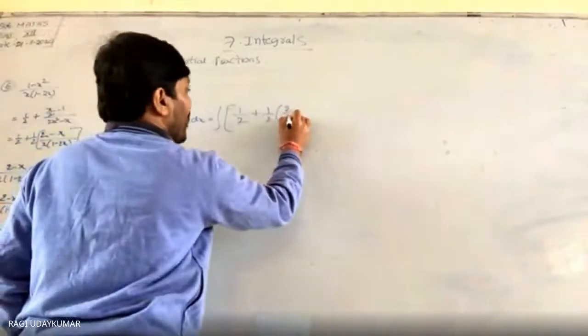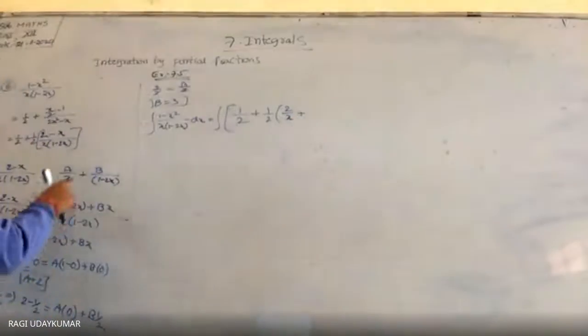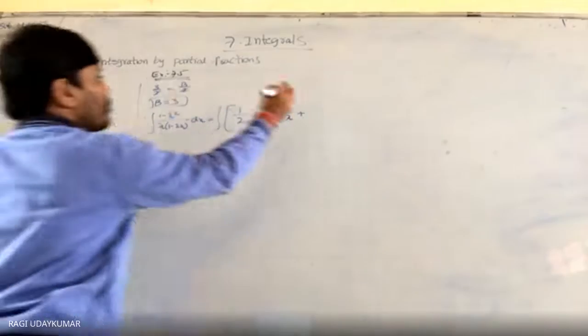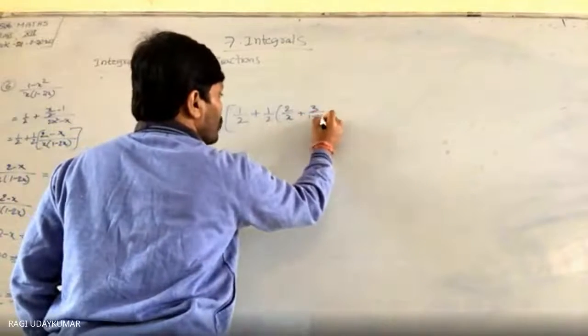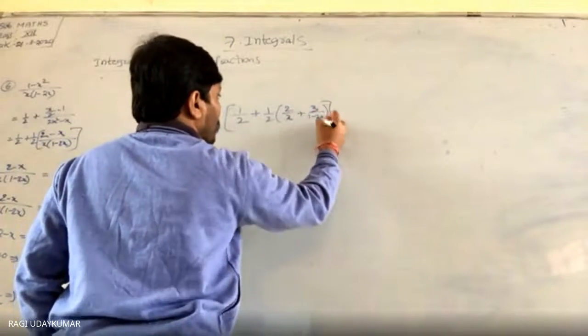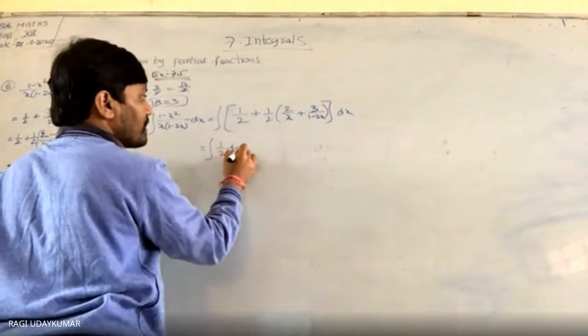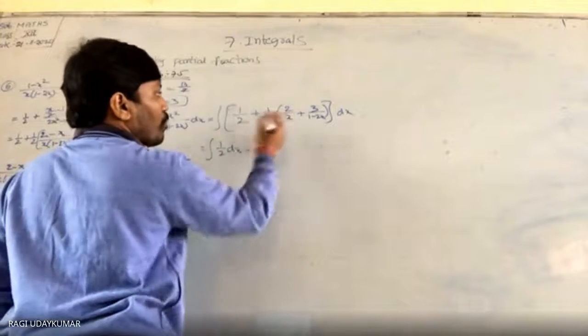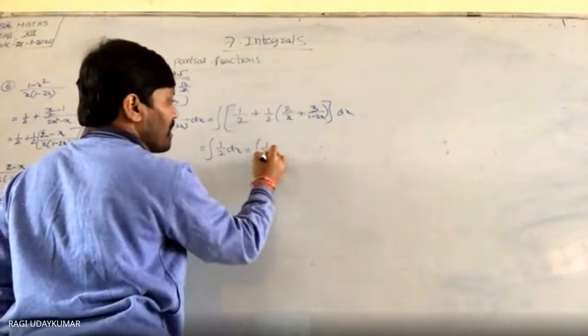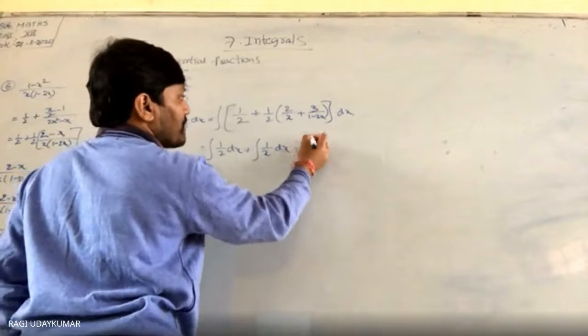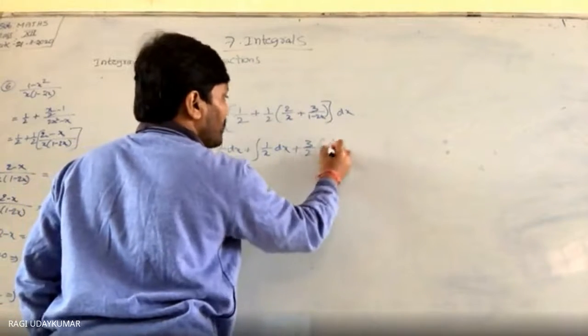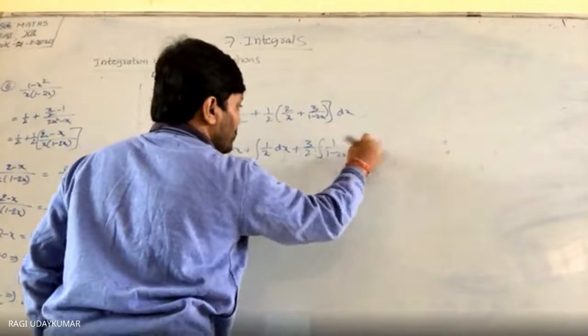So 2 by x plus b by 1 minus 2x, b is equals to 3. 3 by 1 minus 2x dx. इसको split कर लो 1 by 2 dx. ये दोनों multiply कर दिया तो integration of 1 by x dx plus 3 by 2 आ जाएगा. 3 by 2 of integration of 1 by minus 2x dx.